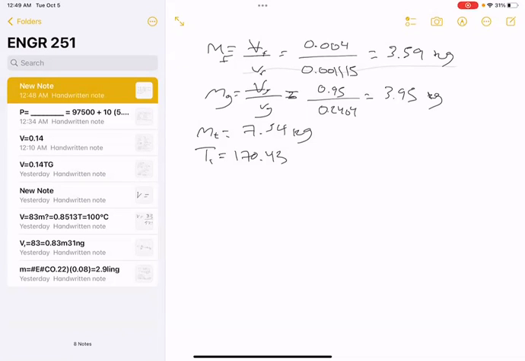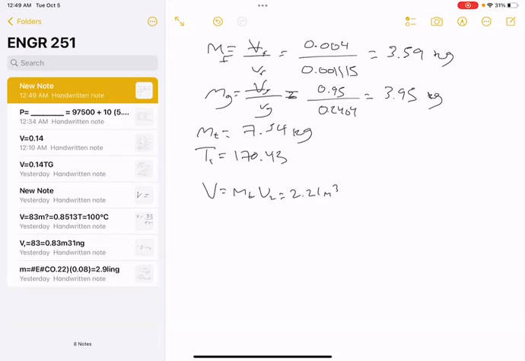So the final volume is just mt times the specific volume v2, which we found from the table, and that comes out to 2.21 meters cubed.